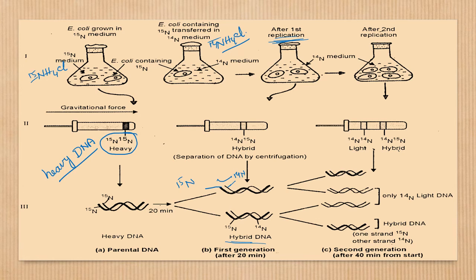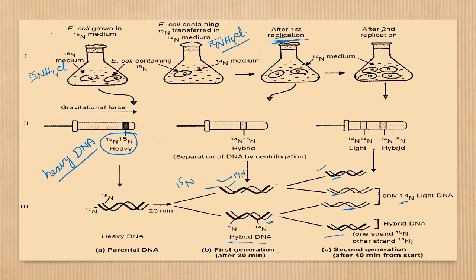Okay, so now in the second generation, after 40 minutes, what happens? This hybrid DNA molecule, with two strands, produces two DNA molecules. One is hybrid, another one is normal with light nitrogen. And again, this DNA molecule produces two DNA. One is light DNA, that is N14, and another is again hybrid.